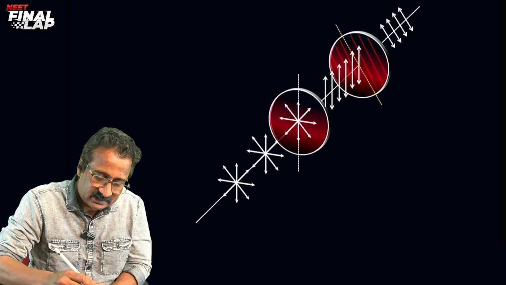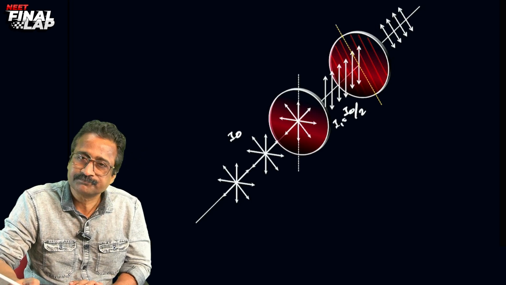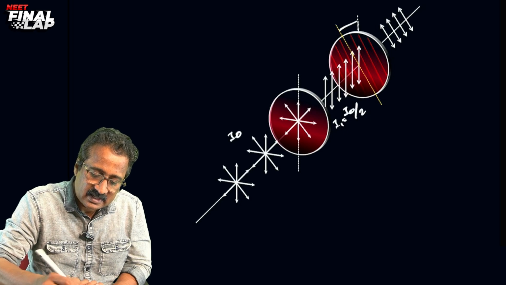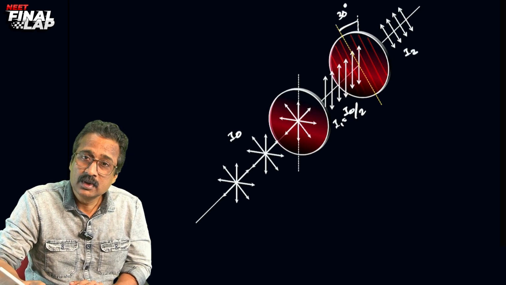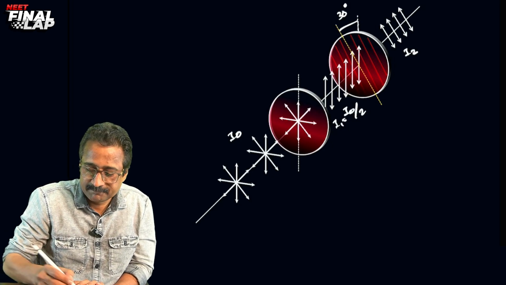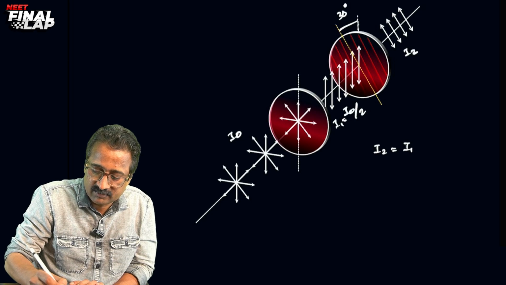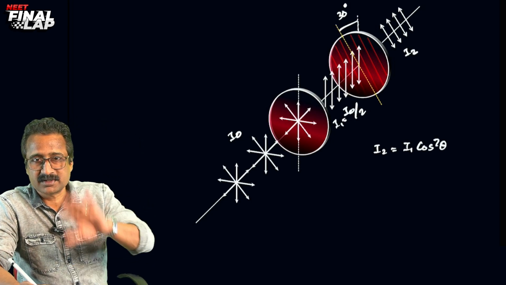Remember that this was I0 and this was I0 by 2, which was called I1 earlier. Now, as the transmission axis is inclined at 30 degrees, you can expect an I2 governed by the equation I gave you earlier. I2 is equal to I1 into cos squared theta.